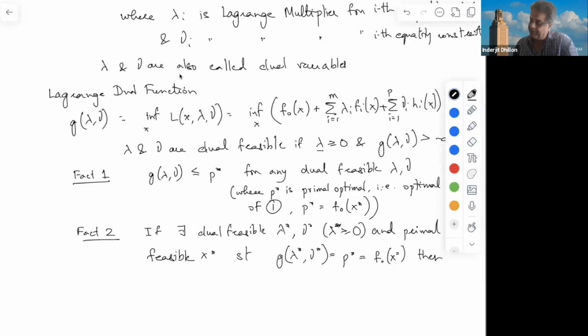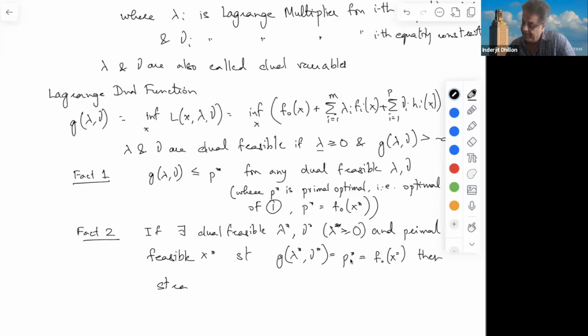It's saying that if I have my primal variable x star and dual variables lambda star, nu star, all of them feasible, x star being primal feasible, lambda star, nu star being dual feasible, then the value g of lambda star, nu star is not only an inequality, but actually an equality.